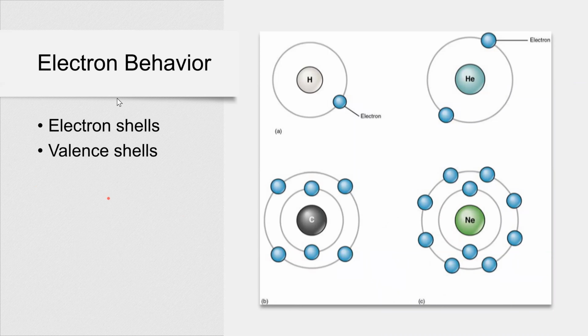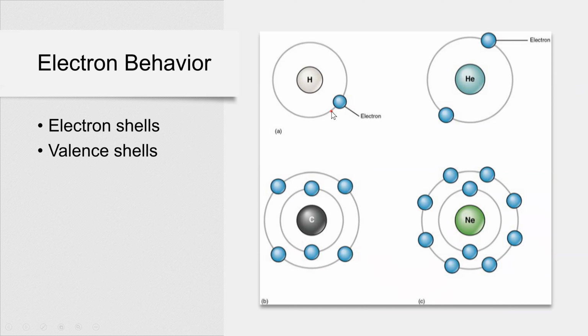Now, how do electrons behave? How are they located within an atom? So here you see hydrogen and helium, for example. Hydrogen, we already know, has a nucleus and one electron.